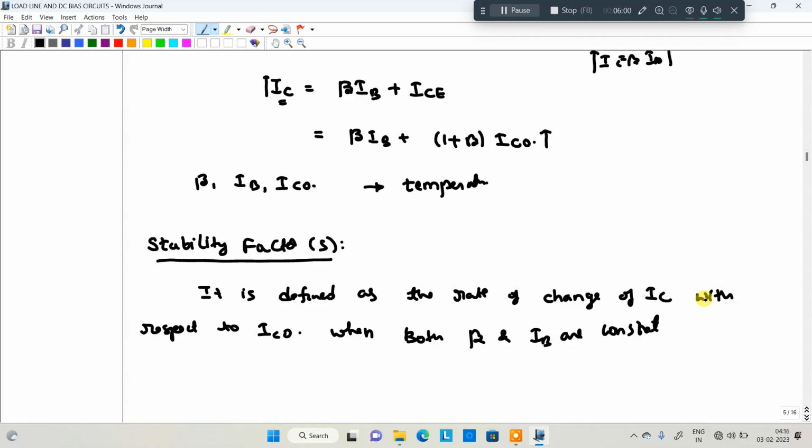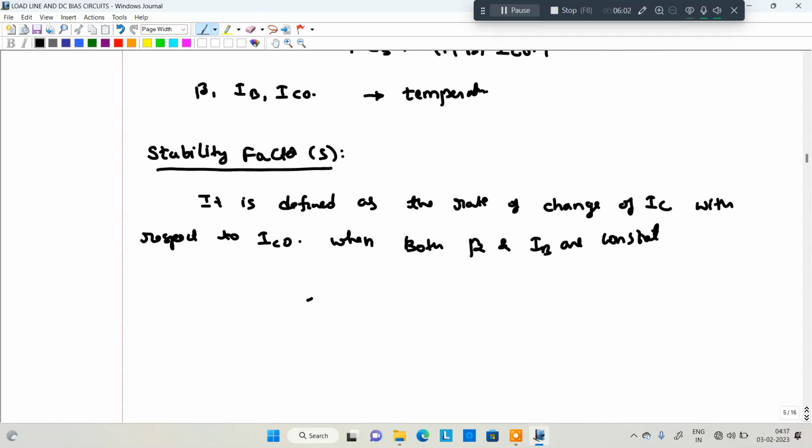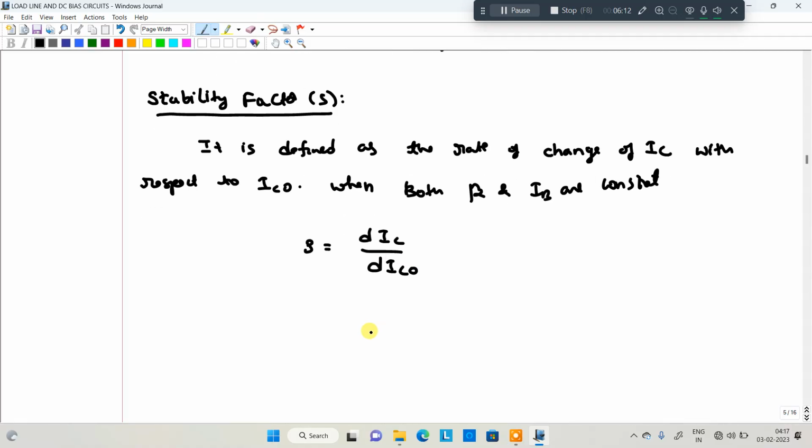So finally S is equal to the rate of change, that is dIC by dICO. This is the stability factor.